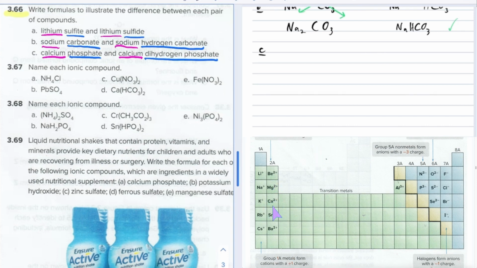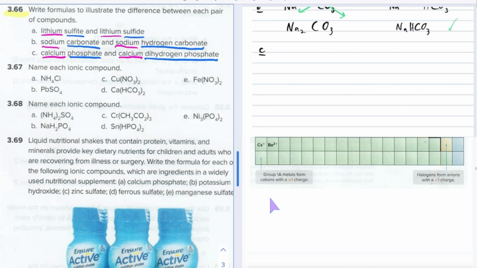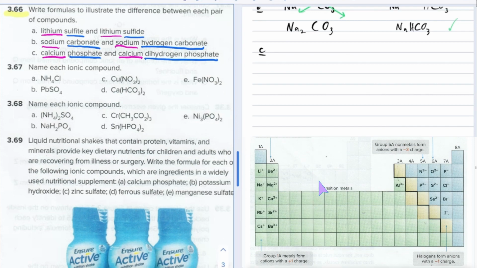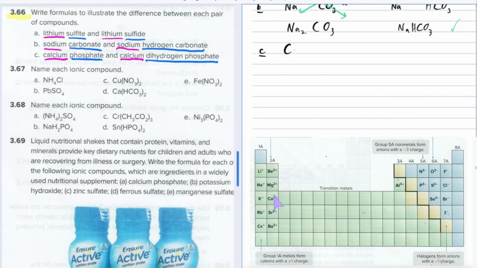It's easy to tell it's predictable because if it weren't, it would say calcium 2, or it would indicate something in the name. But if you just see the metal name, it's telling you it's predictable. Calcium's in the +2 column, and so for both cases, we're dealing with calcium +2.